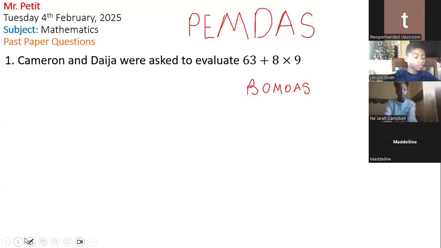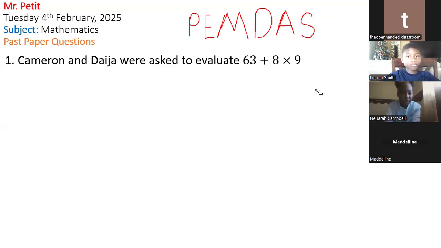That's another one. I think O is for order. I don't know what O is for, but it has something to do with the exponents.